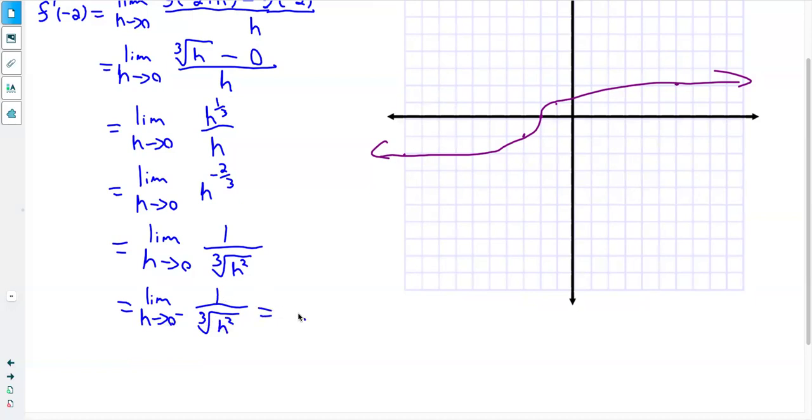That's going to give us positive infinity. And then over here, we've got our limit as h goes to 0 from the positive side. If we square something positive, it'll be positive. Taking the cube root gives us something positive, and it's going to be infinitely small. So 1 divided by something positive and infinitely small also gives us infinity.